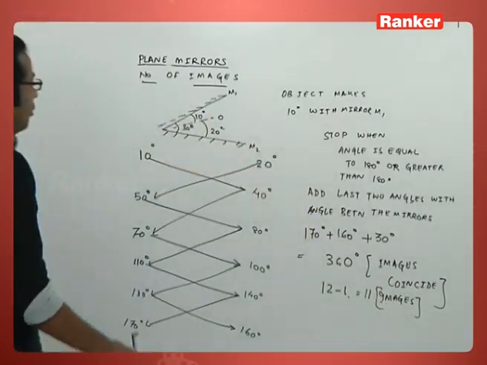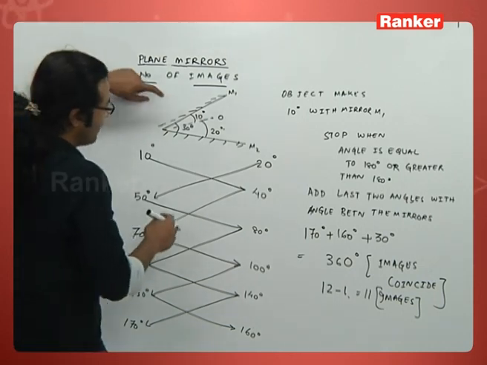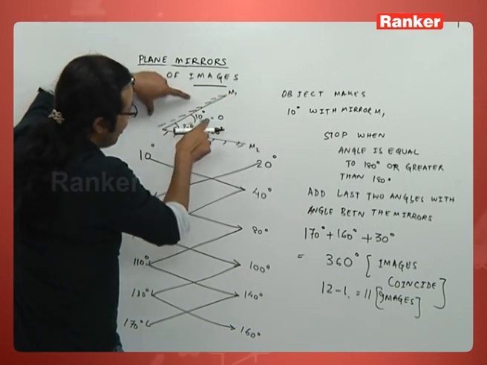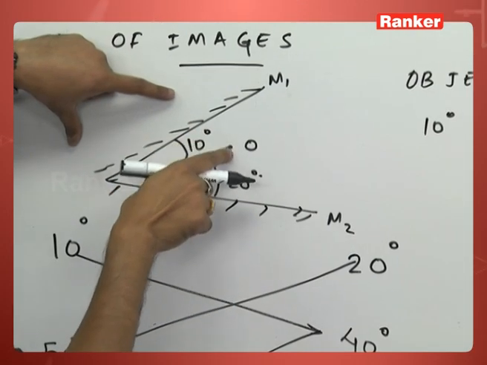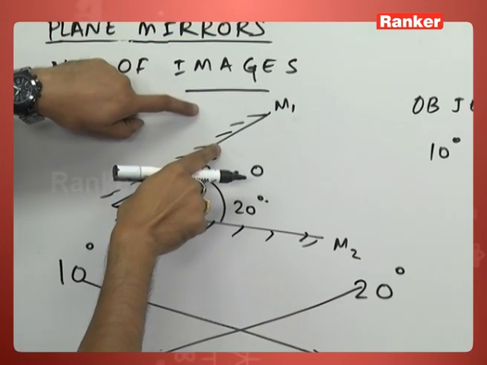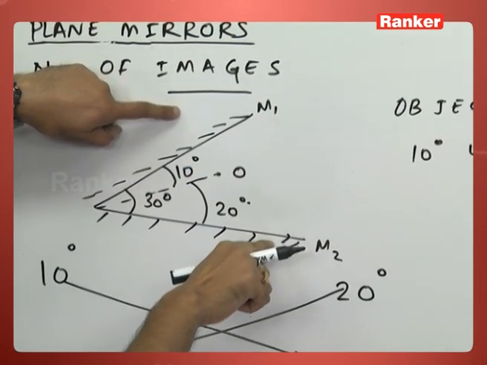Now why am I doing this phenomenon? Because I explain the physical significance. If I take this mirror M1, object is making an angle 10 degree. So obviously the image will be exactly at this point. Now again that image will form a total angle how much with this mirror M2?